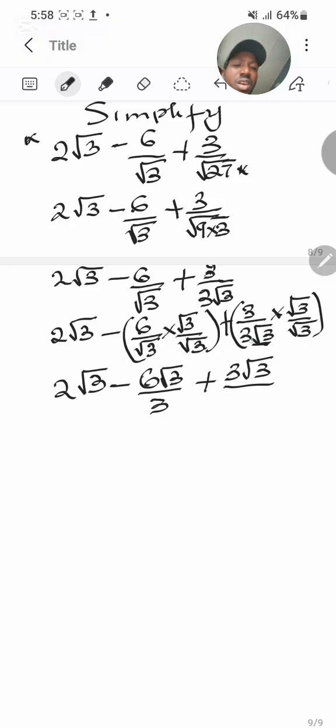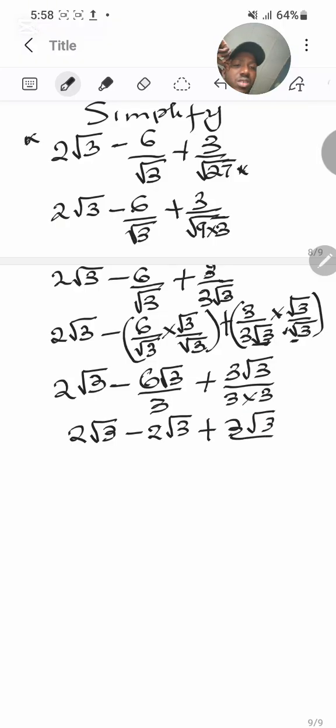Now, be careful here. Don't forget the coefficient of this root 3 here is an invisible 1. So that 3 times 1 is 3, times root 3 times root 3 is another 3. So this is the same as 2 root 3 minus, 3 can go into 6, that's going to give us 2 root 3, plus this is 3 root 3 all over 9.